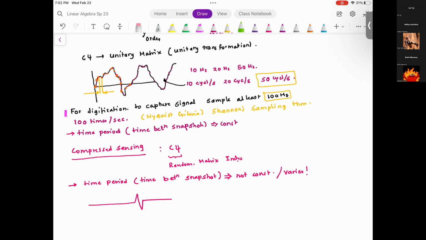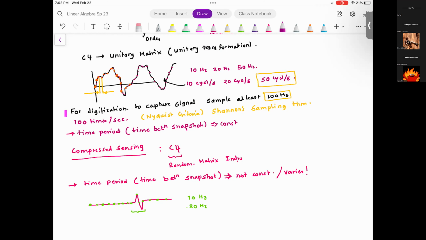If you use the Nyquist criteria, this signal has a frequency of say 10 hertz, so by Nyquist criteria you need to sample at 20 hertz. So you are going to sample, sample, sample, many samples to capture this dip. And this sampling is needed because this small part of the signal is higher frequency.